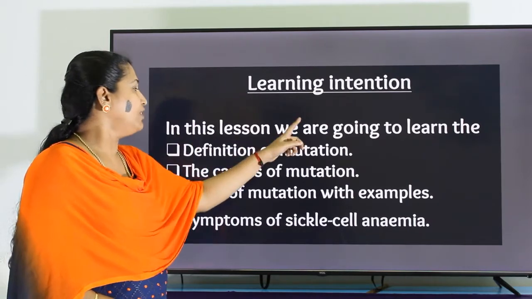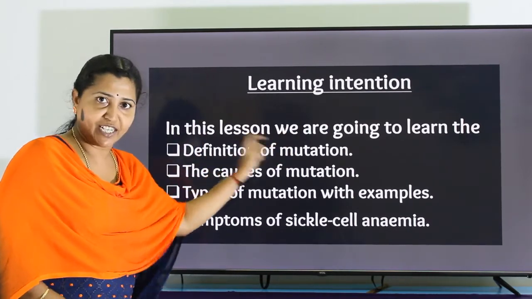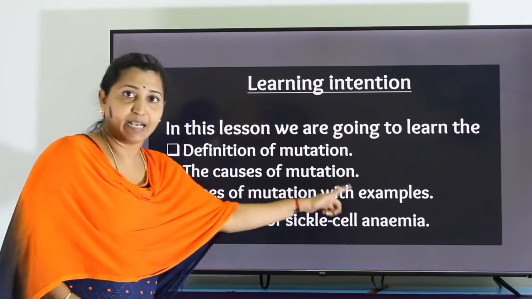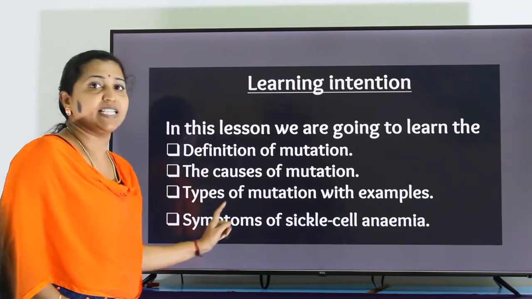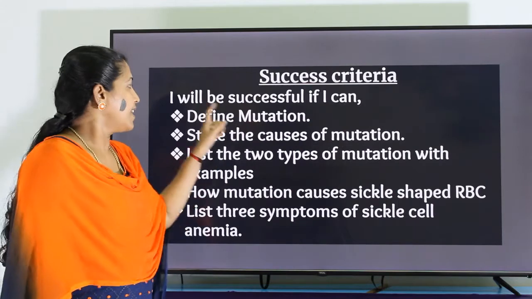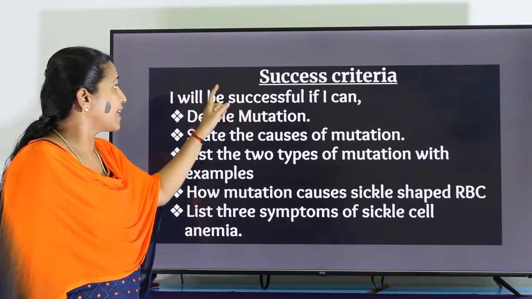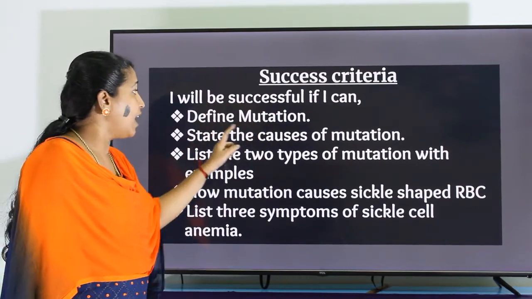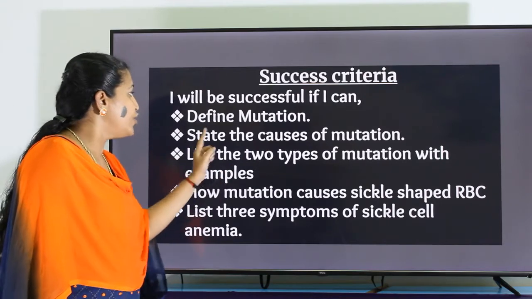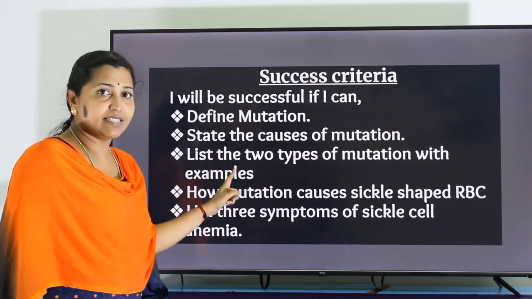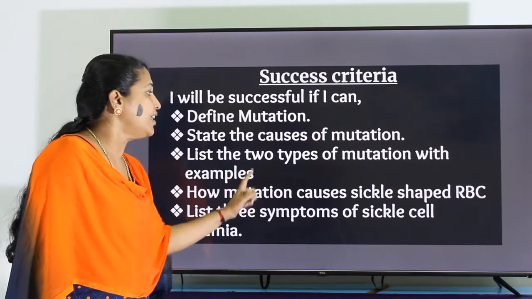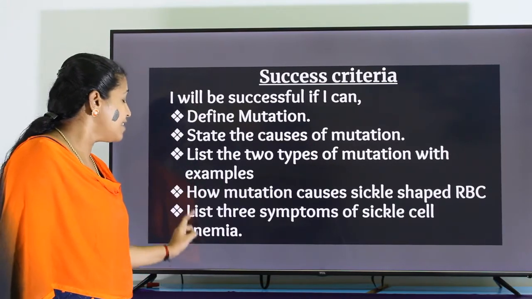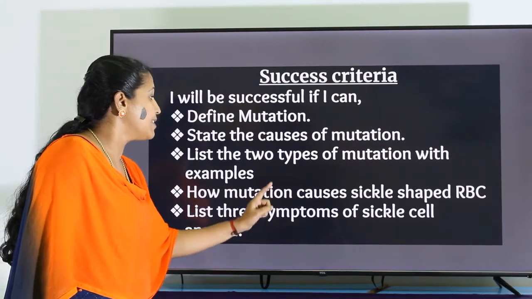In this lesson we are going to learn the definition of mutation, the causes of mutation, types of mutation with examples, then the symptoms of sickle cell anemia. Then the success criteria will be: I will be successful if I can define mutation, state the causes of mutation, list the two types of mutation with examples, explain how mutation causes sickle-shaped RBC, and finally list three symptoms of sickle cell anemia.